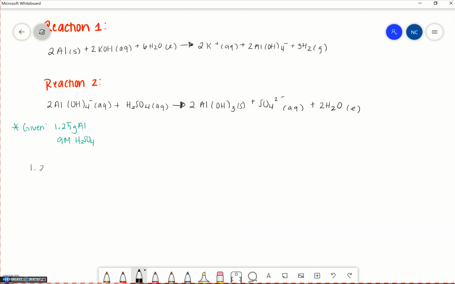So we have 1.25 grams of aluminum. We're going to multiply by 1 mole of aluminum and divide by the molecular weight, which is 26.98 grams.